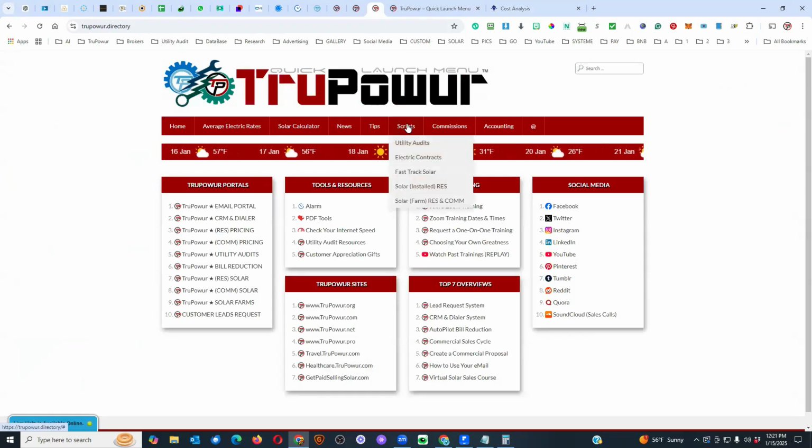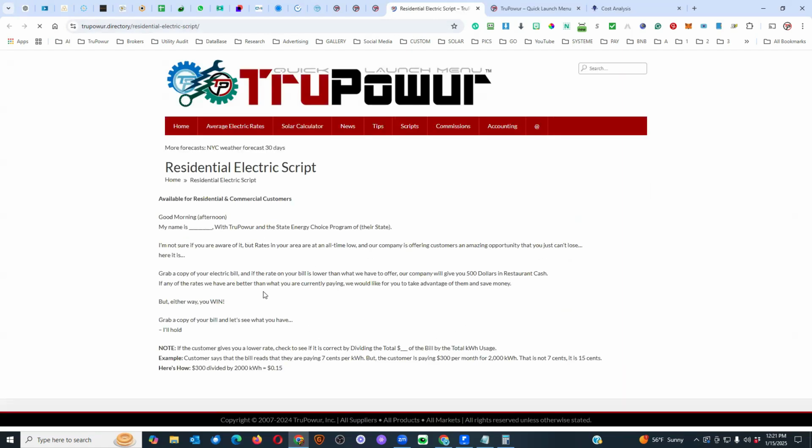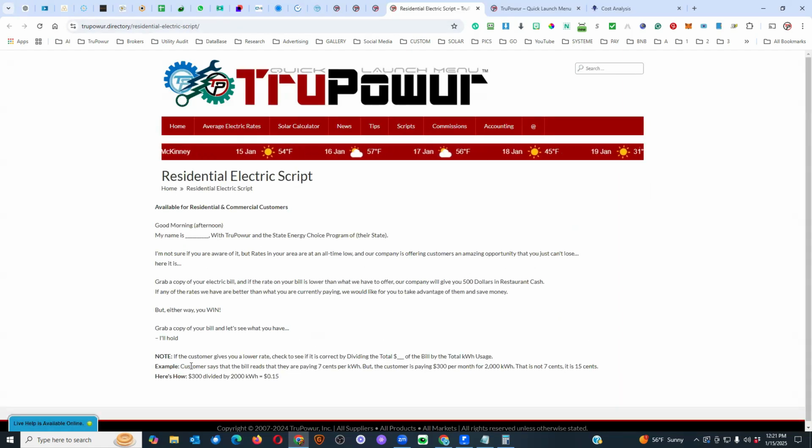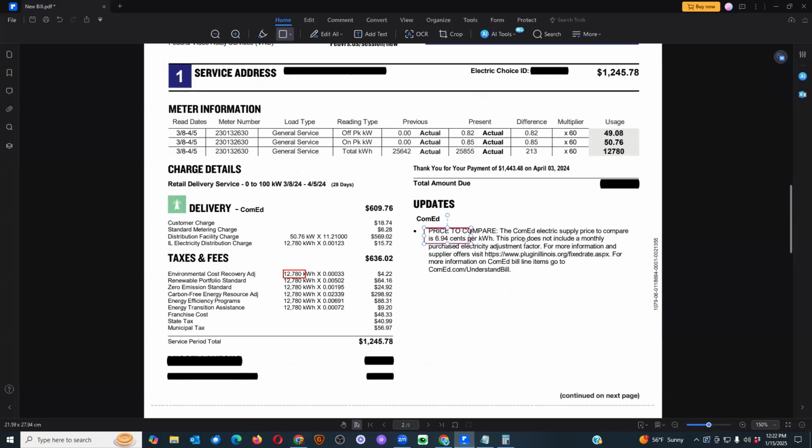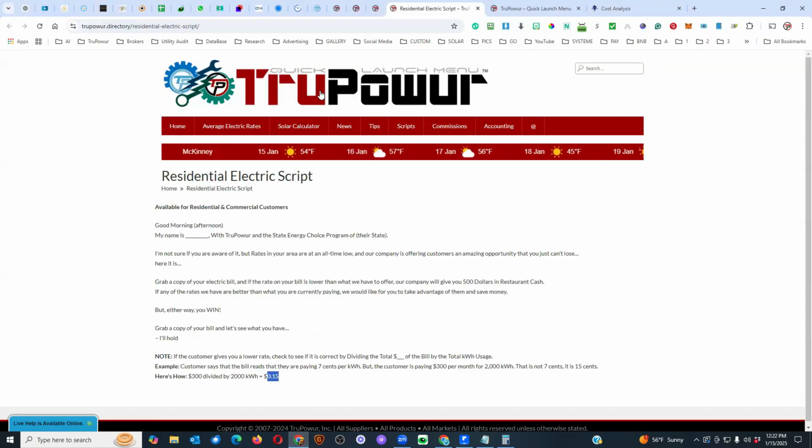If you go in the scripts area under the electric contract, you'll see at the bottom right down here, it shows how to calculate that. So you take the dollars and divide it by the kWh, and that gives you the comparable fixed all-in rate for that particular customer. So it's really important that you understand how to calculate this so that when you're entering the information into the pricing platform, you're getting the accurate numbers.